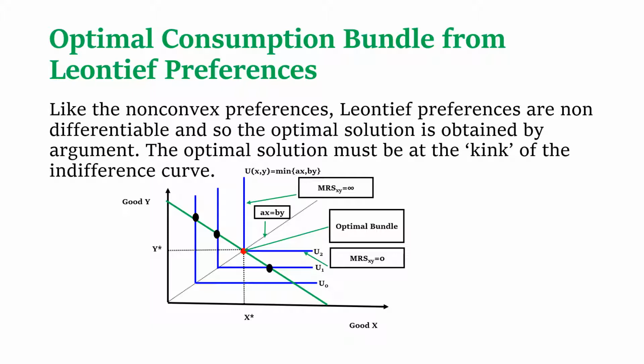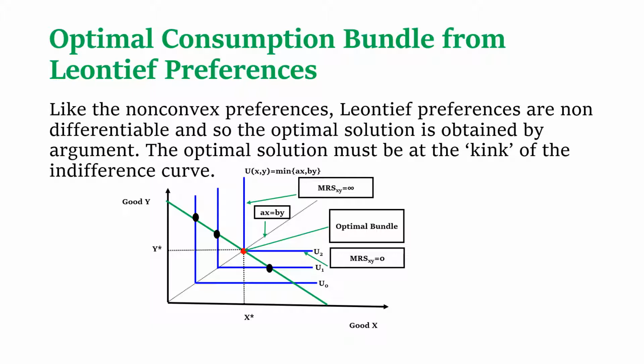Now notice that the marginal rate of substitution of good X for Y is infinity when we are moving up the vertical curve. And then when we are moving horizontally, the marginal rate of substitution is just 0. Right?